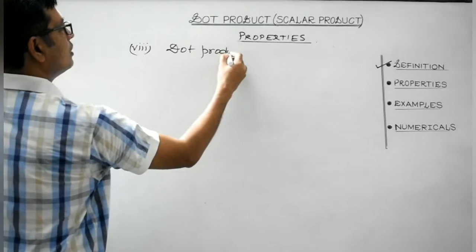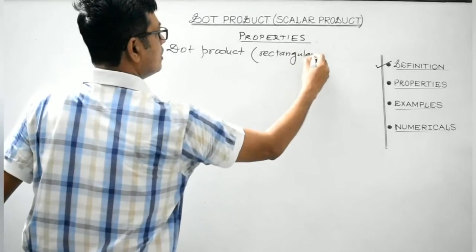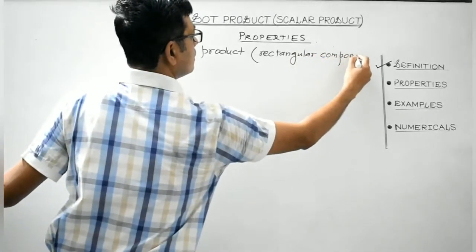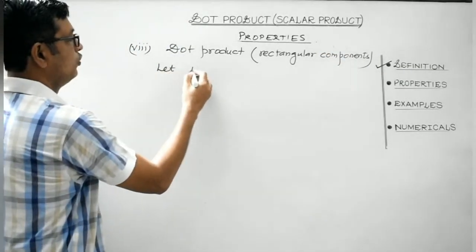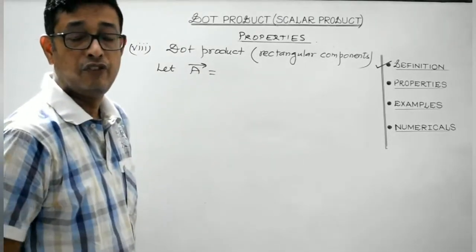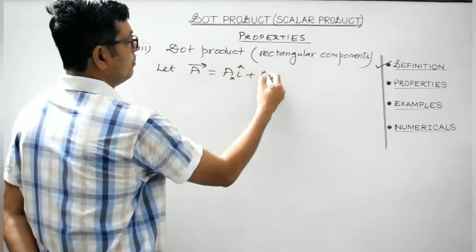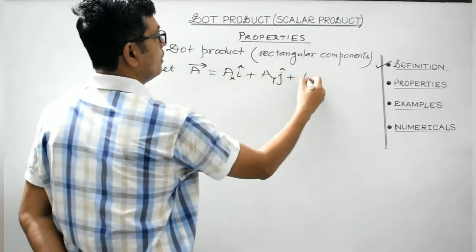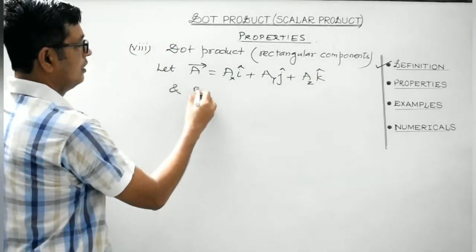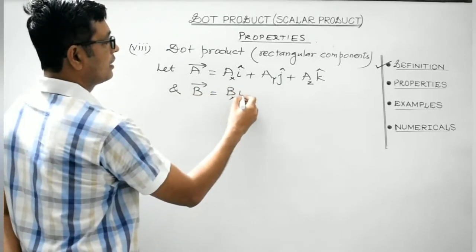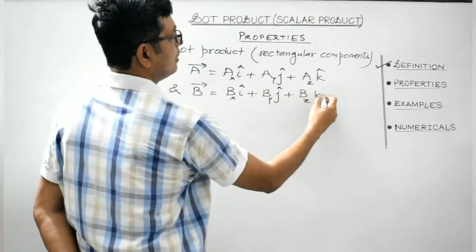Let us consider two vectors, A vector and B vector, which in terms of i cap, j cap, k cap may be written as ax i cap plus ay j cap plus az k cap, and B vector may be written as bx i cap plus by j cap plus bz k cap.